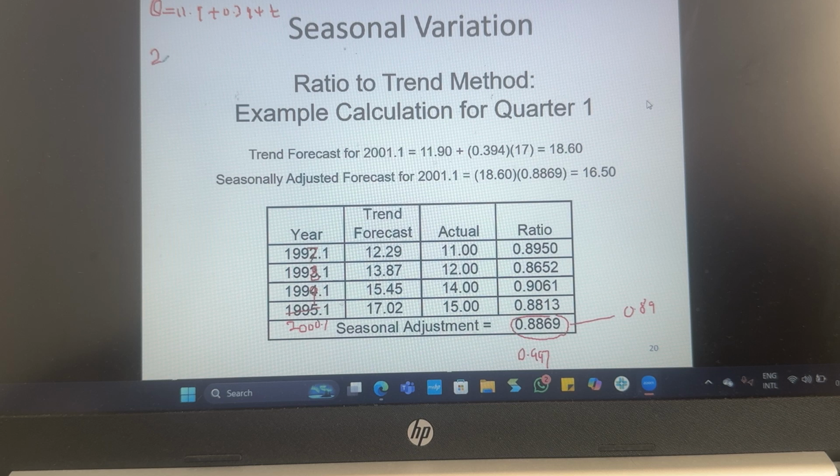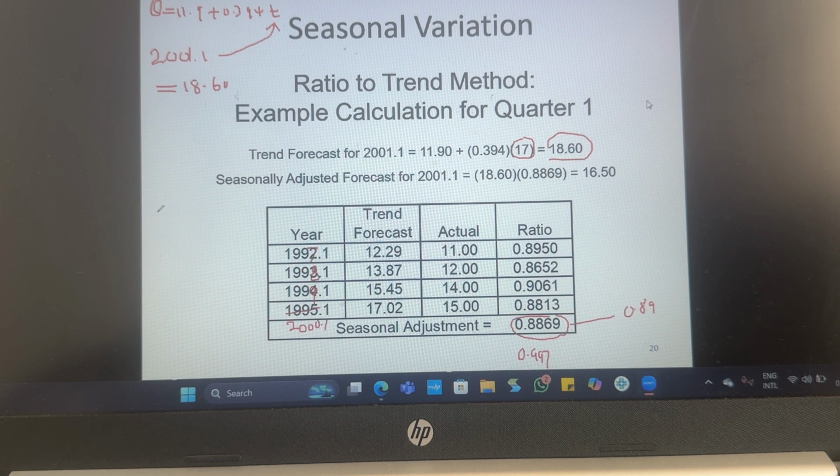So we want to forecast now 2001 first quarter. So what is the number that we need to plug here to get the trend forecasted value? 17. So here we have plugged 17, and after plugging 17 we got this number. So the trend forecasted value is 18.60.